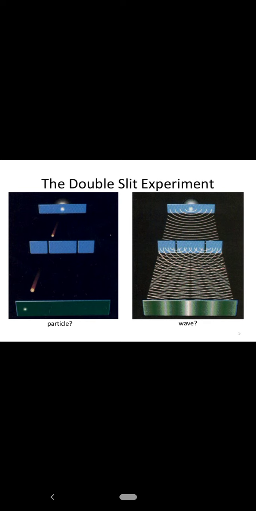On the other hand, if light is considered as a wave, then the waves will cross both slits and a pattern will be obtained, with bright and dark fringes.